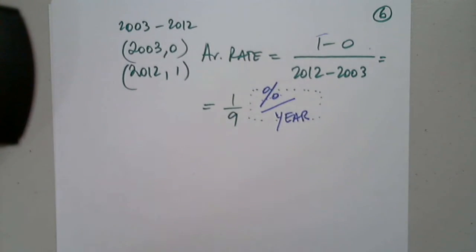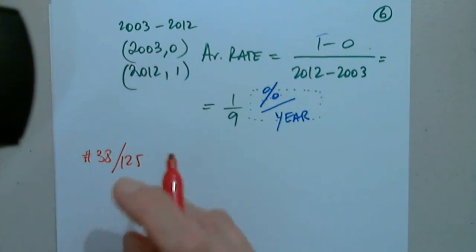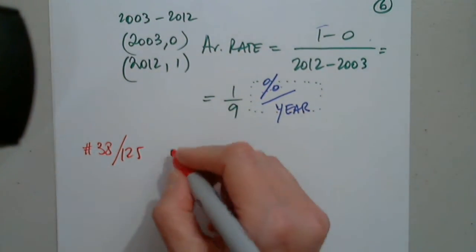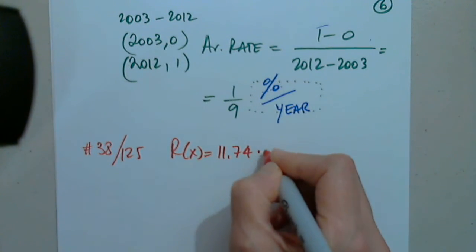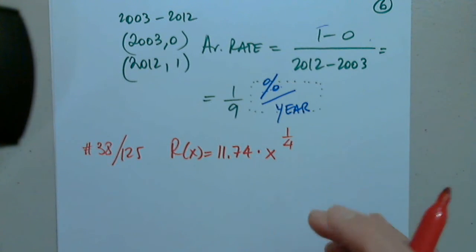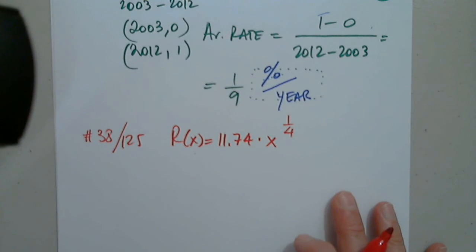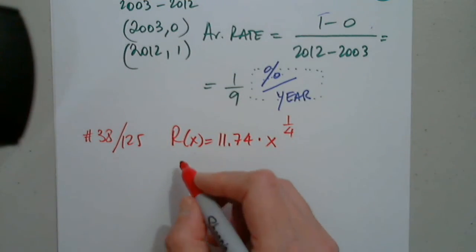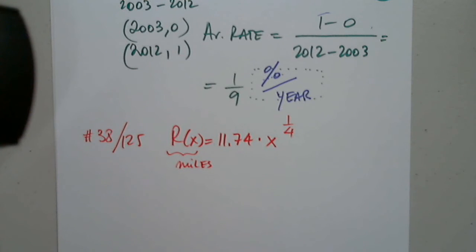Perfect. 38 on 125. So the function given by r of x equals 11.74 times x to power 1/4. Very good. Can be used to approximate the maximum range r of x. Okay. So this is in miles. I'm taking notes. In miles of an ARSR-3 surveillance radar with a peak power of x watts.